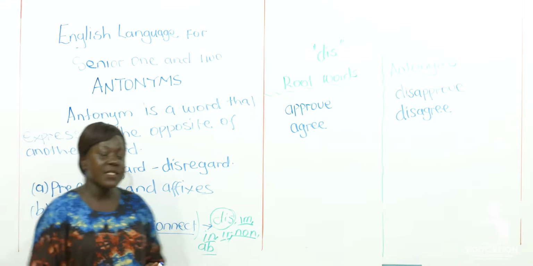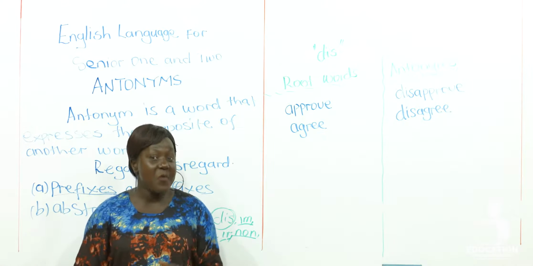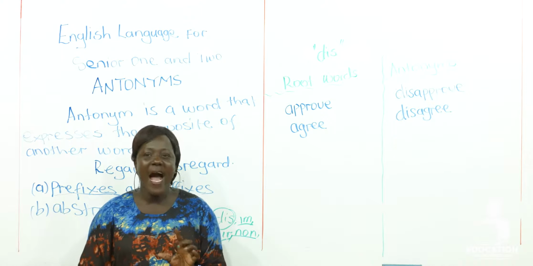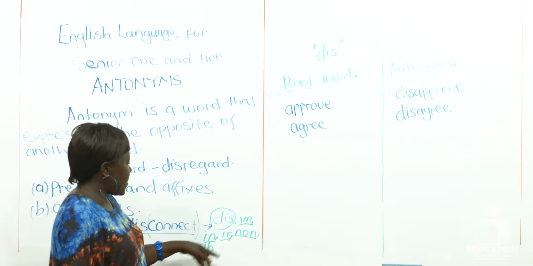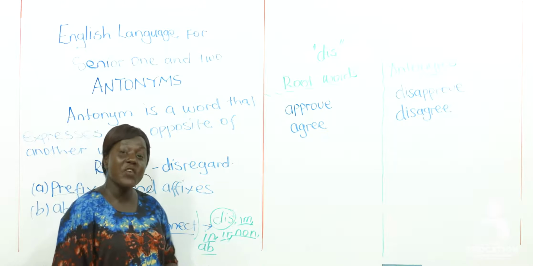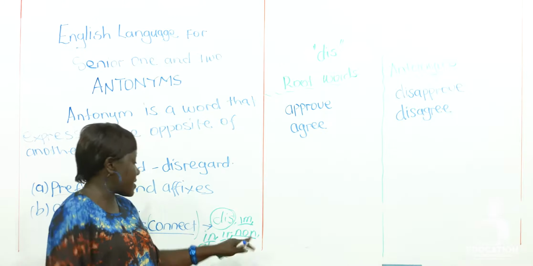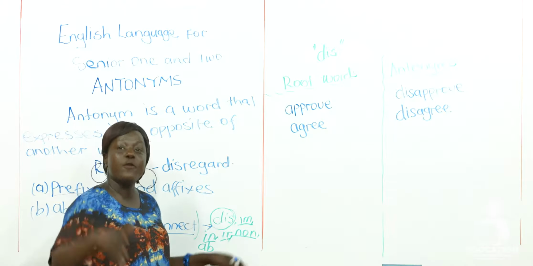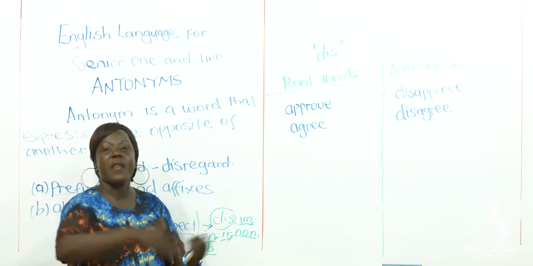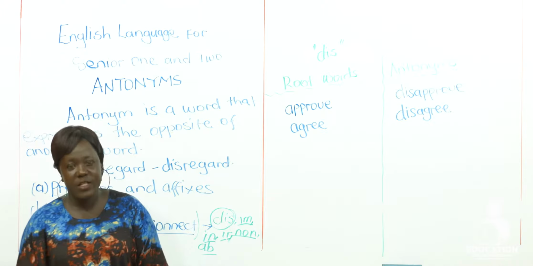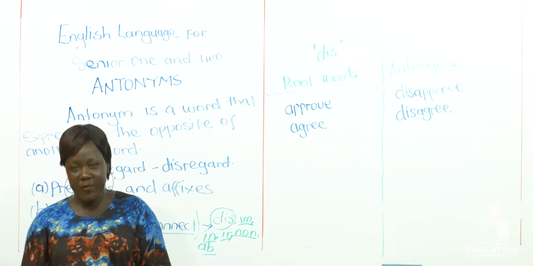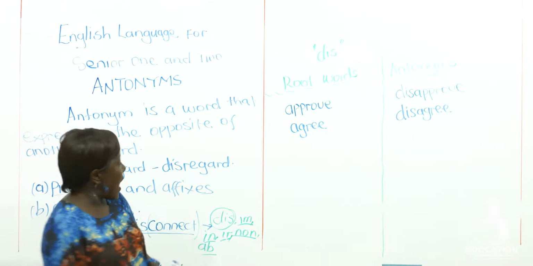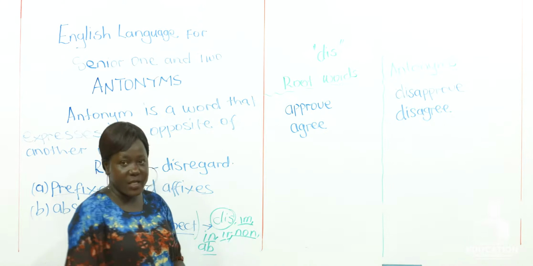In the next lesson, my dear learners, I will show you how to use the prefix non to form opposites of very many words still in this way. But I would like you to note this before I conclude the lesson.